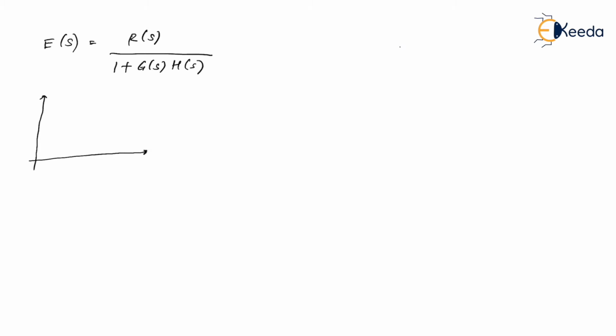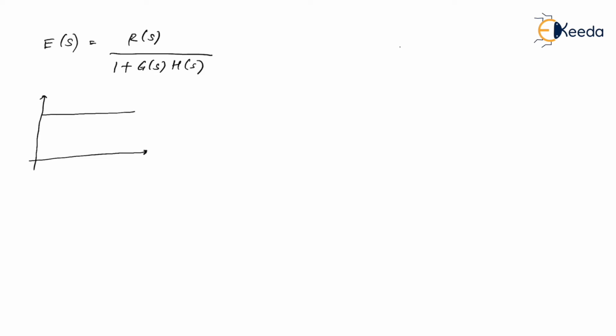So I'll start from the step that I have got at the end, which is E of S is equal to R of S whole divided by 1 plus G of S into H of S. Am I right? Now, if you see the time response, it somehow looks like this.